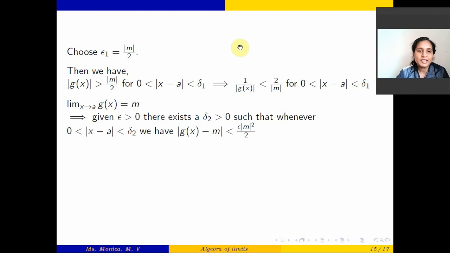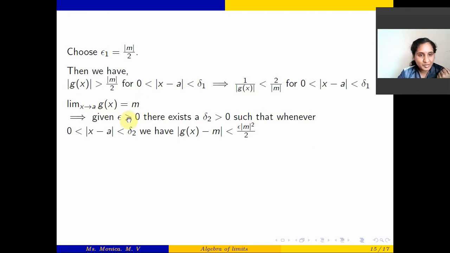Now, again I will apply the definition to the same limit, x tending to a, g of x is equal to m. I have not yet come to f of x, I am still in g of x only. There I had taken an epsilon 1 and got a particular delta 1.